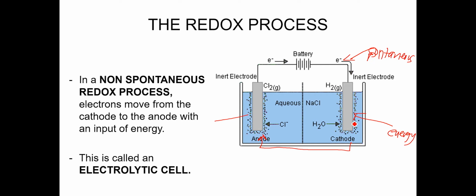Ang tendency is, yung cathode, pag nag-supply ka dyan ng energy or electrical energy, ang tendency is yung electrons ay mag-move from here punta sa kabila. Parang ang ginagawa is, if you supply energy, parang itutulak niya yung electrons pabalik dun sa pinagsimulan niya. Those reactions are called non-spontaneous redox process.